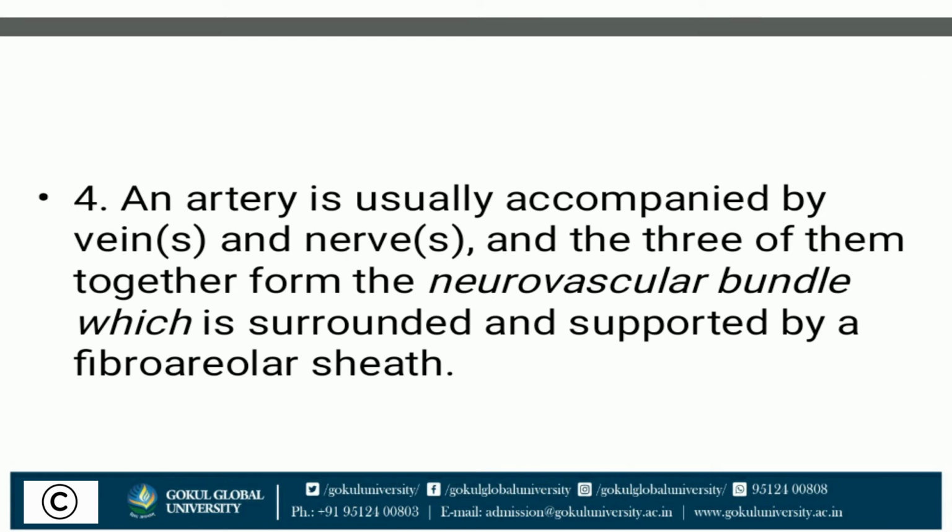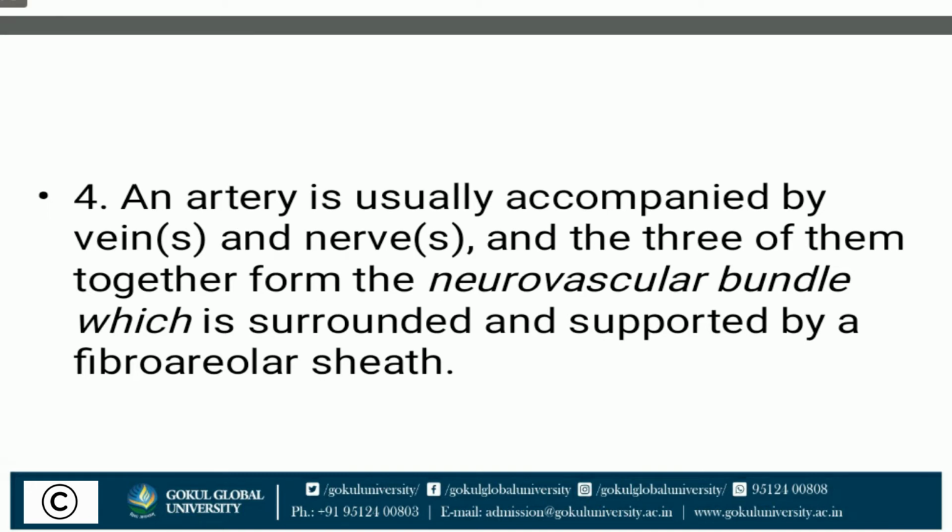An artery is usually accompanied by a vein and a nerve, and the three of them together form a neurovascular bundle, which is surrounded and supported by a fibroareolar sheath. It means artery, vein and nerves are covered and supported by the fibroareolar sheath.